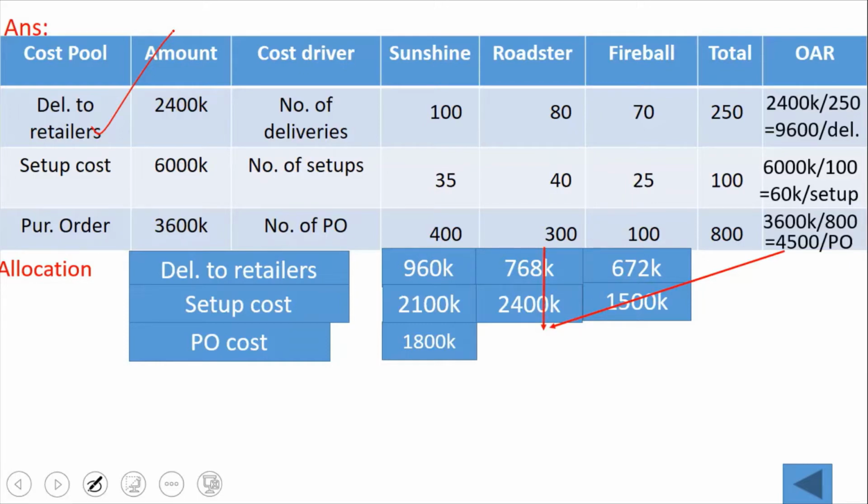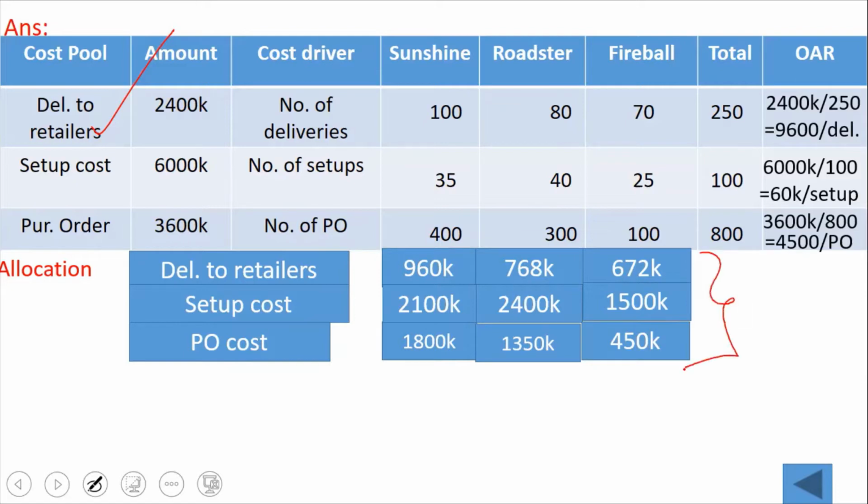So the total amount is 4,500 multiplied by 300, giving $1.35 million. Now for the last one, that is Fireball. For one purchase order, it is $4,500, and for Fireball, we have 100 purchase orders. So it is 4,500 multiplied by 100, giving $450,000.